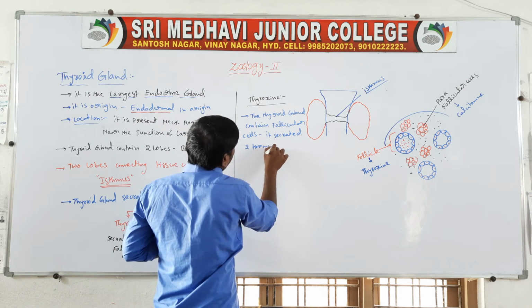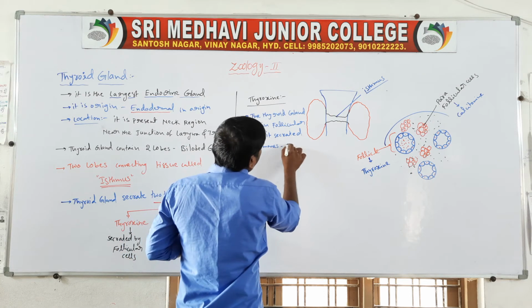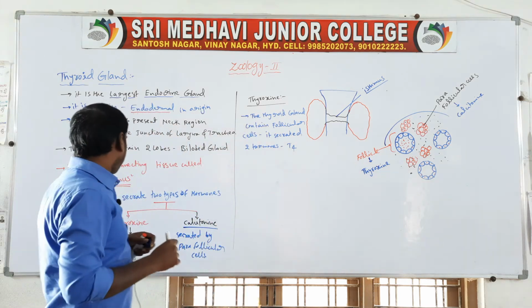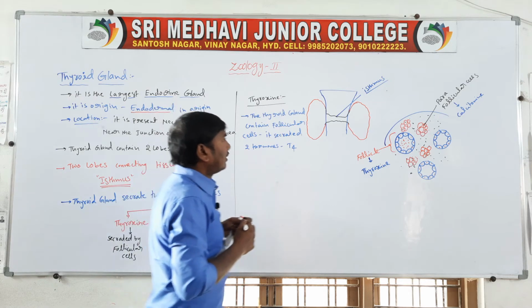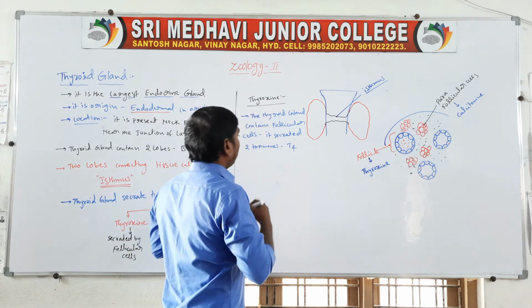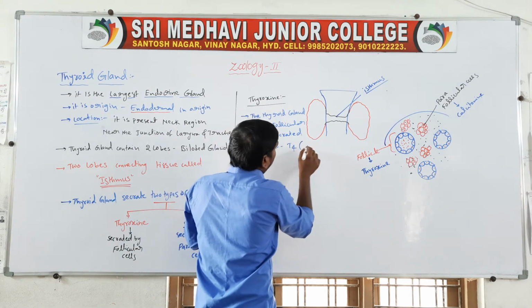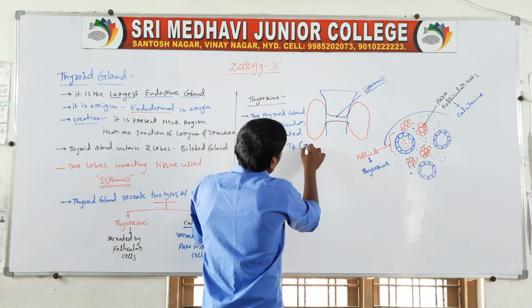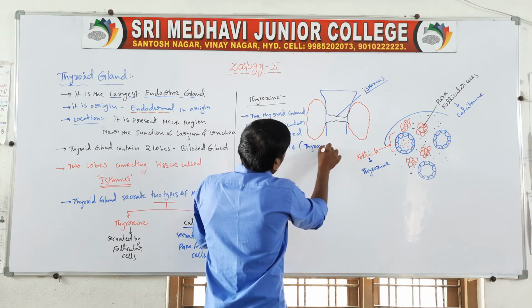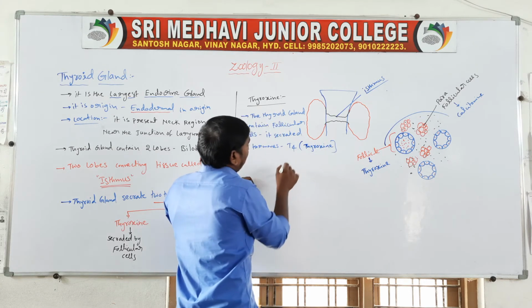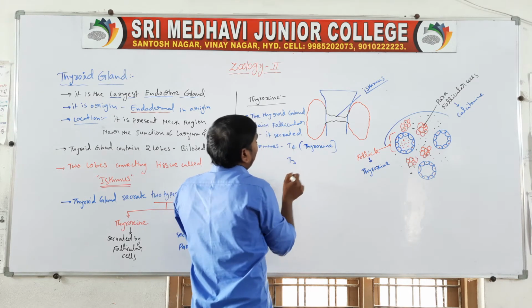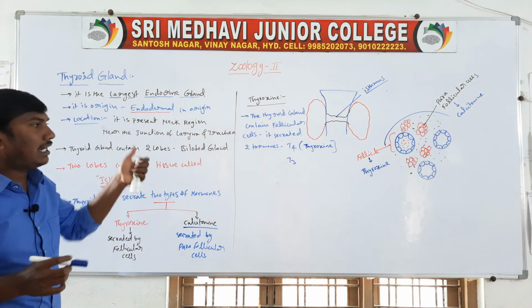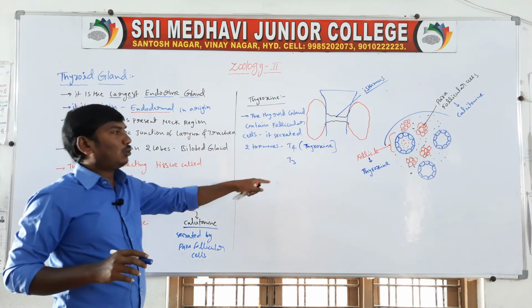One is T4, tetraiodothyronine, also called thyroxine. The other is T3, triiodothyronine. So they are the two types of hormones.